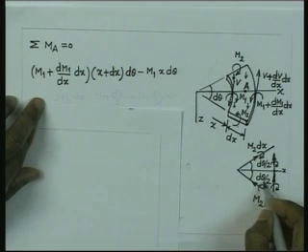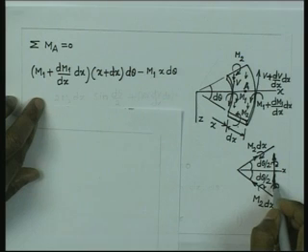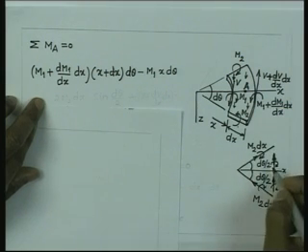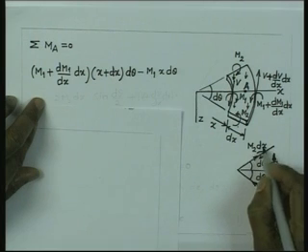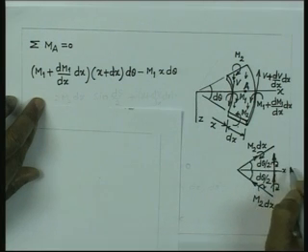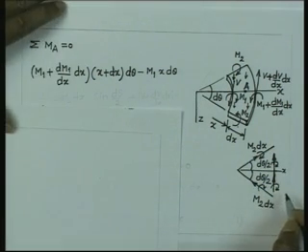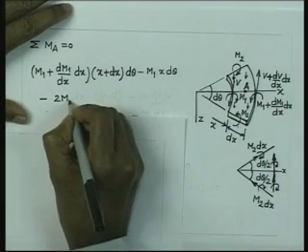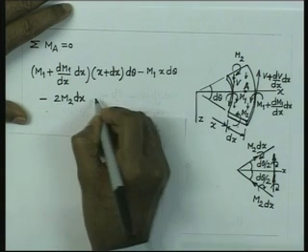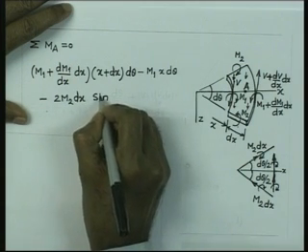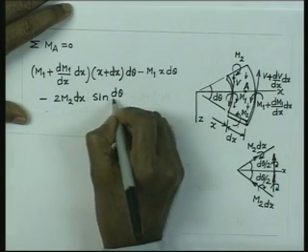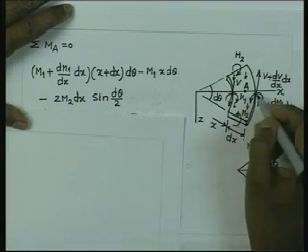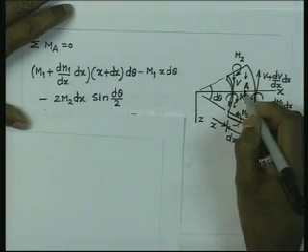So, this is m2 dx sin d theta by 2 acting like this, which is then opposite, so it is negative. Similarly, for this also m2 dx sin d theta by 2 is negative. Therefore, both are additive. So, we will have minus 2 times m2 dx sin d theta by 2.